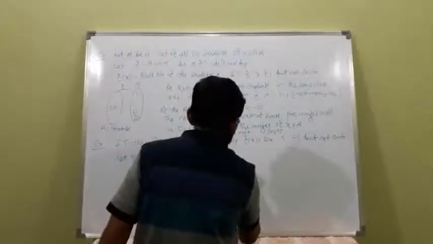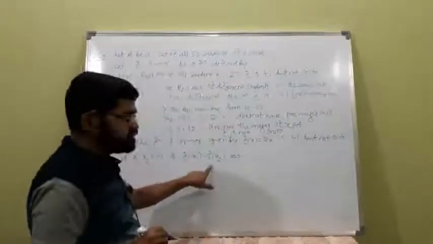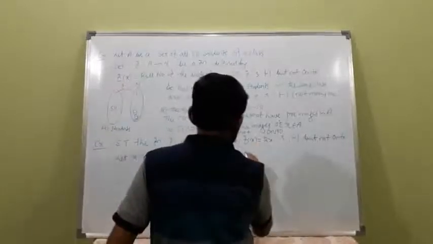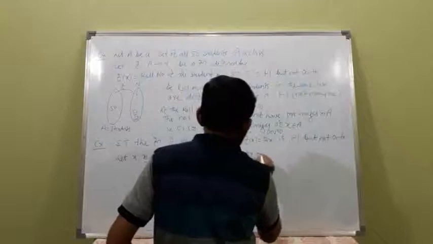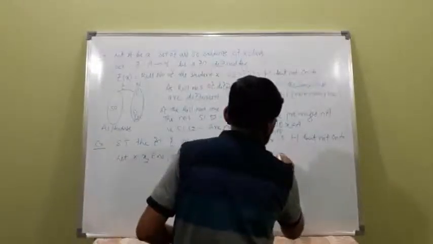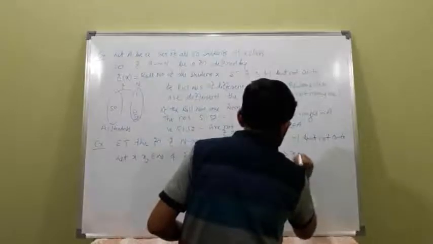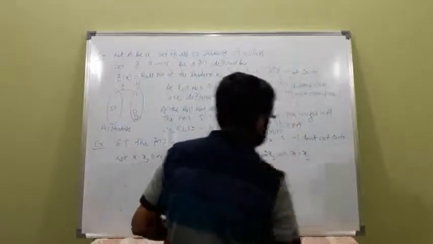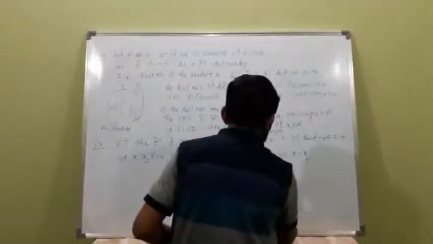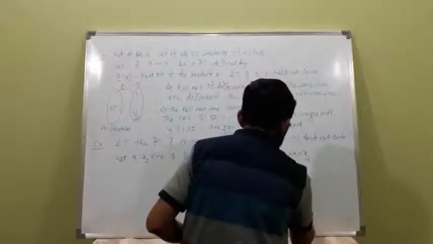We have to check whether this implies x1 is equal to x2 or not. What is f(x1)? 2x1. What is f(x2)? 2x2. So this implies clearly x1 is equal to x2. Therefore, f is 1-to-1.